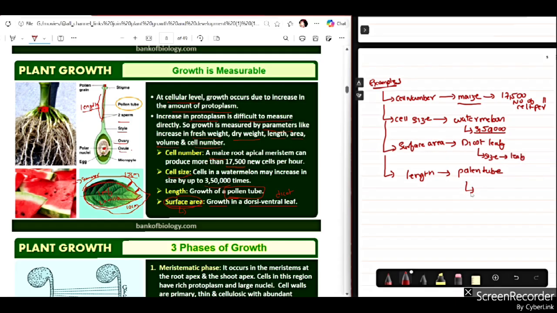And next pollen tube will be growing from stigma to the style. So these are the examples that we can say that growth is measurable.